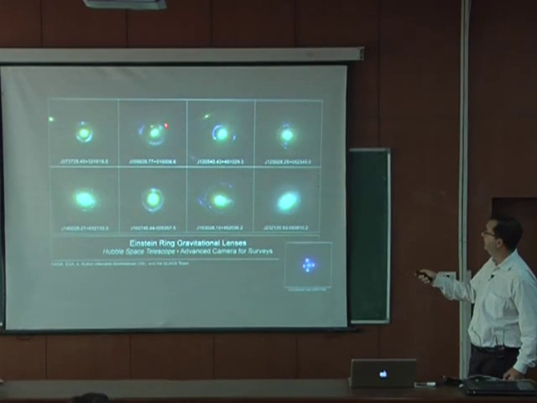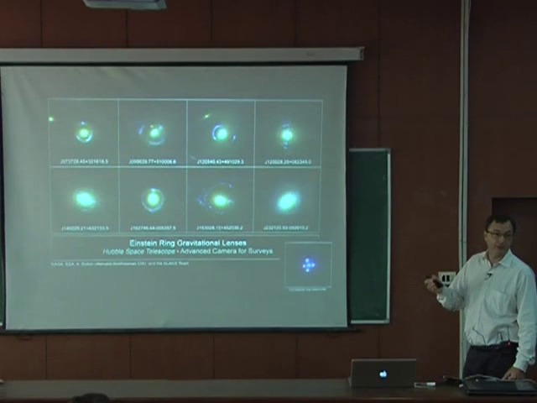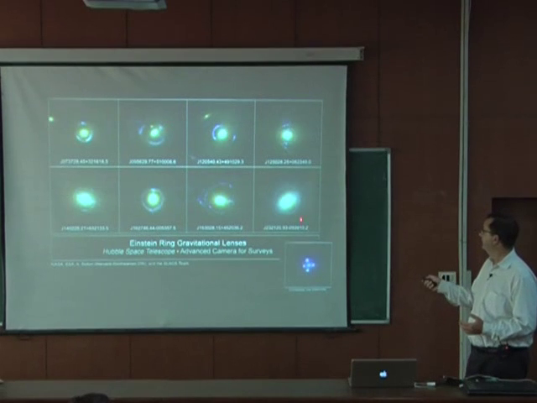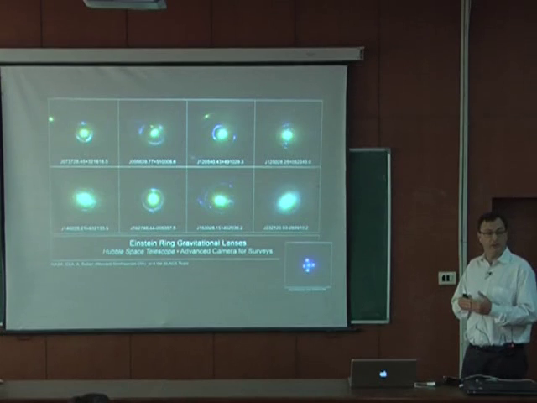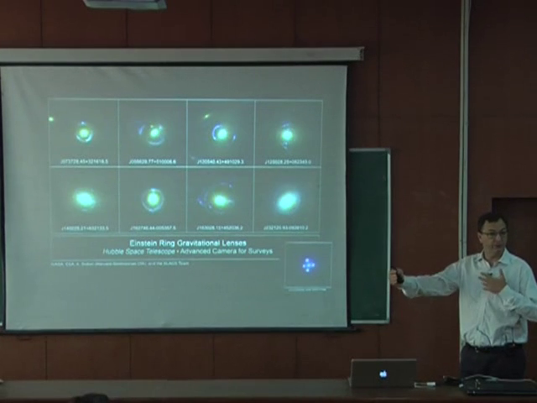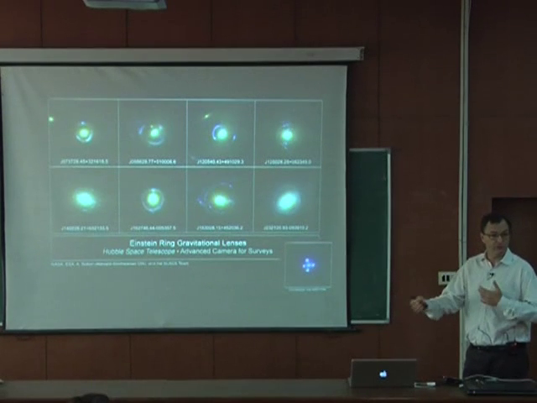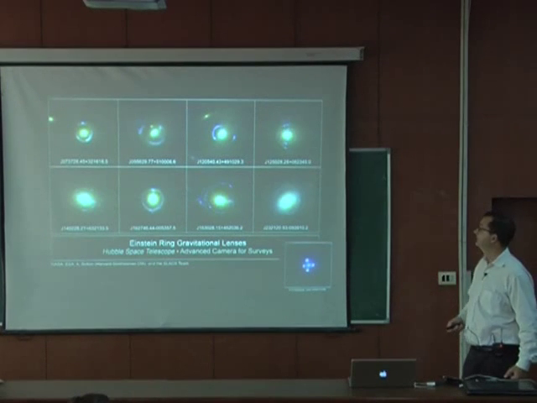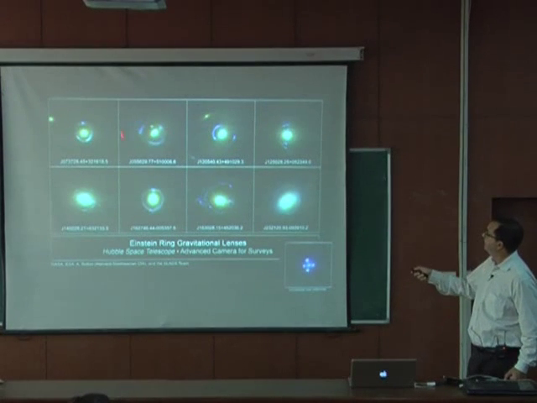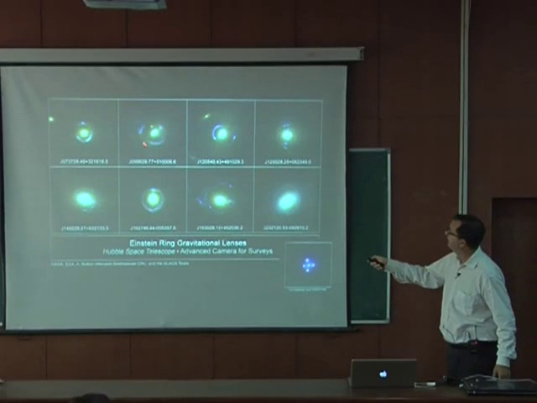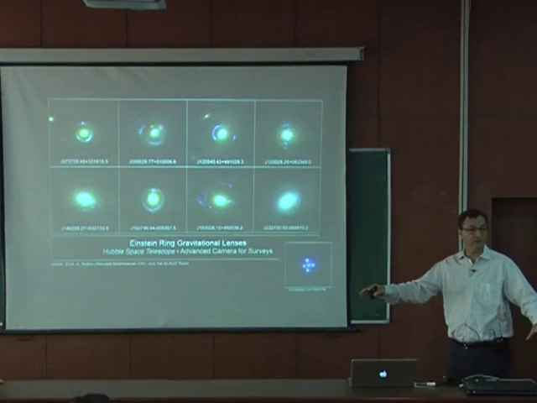So you need to model. Well, first you can look at the spectrum, which may not be the same. If it's a quasar in one case and a galaxy in the other, and the redshift is different, you can use the spectrum, the color if you wish, to distinguish. But otherwise you have to model the light distribution of the lens.